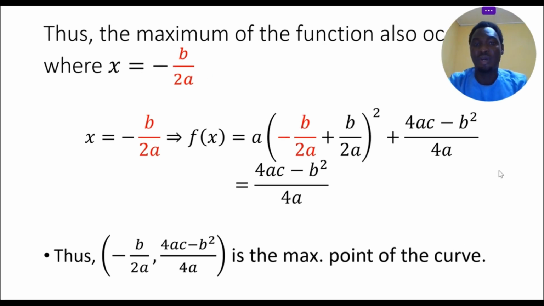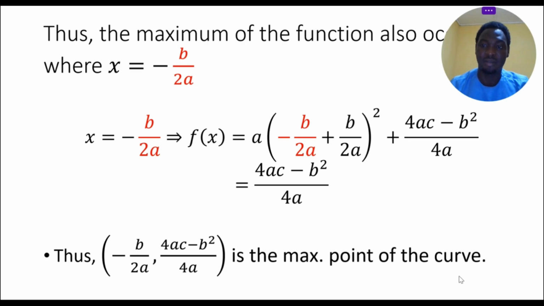And so if we want to find the maximum of f of x, we have to plug -b on 2a for x in the function. And that gives us this expression, leading us to 4ac minus b squared all on 4a as the maximum value. Thus, the pair -b on 2a, 4ac minus b squared all on 4a, is the maximum point of the curve of the function.